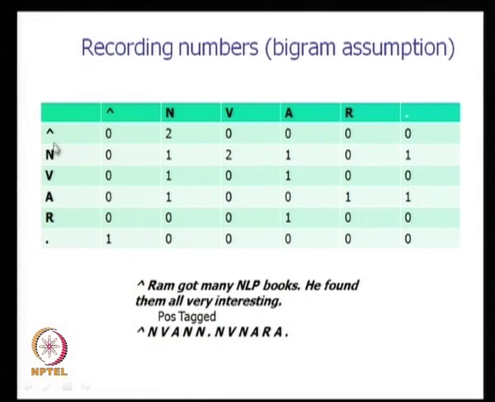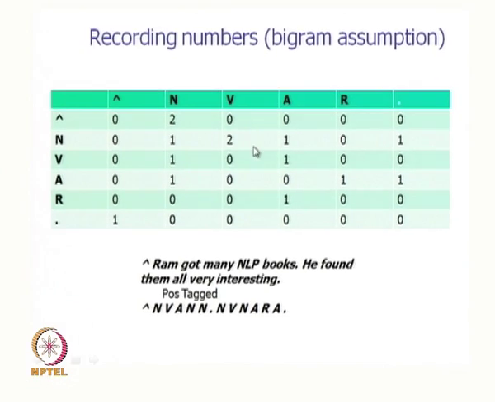However, rows will have tuples, because we have two preceding tags which have to be considered. Similarly, if it is a quadrigram assumption, then the rows will have trigrams. So, in case of bigram, we have columns and the rows are unigrams. All right. So, this is an important discussion.